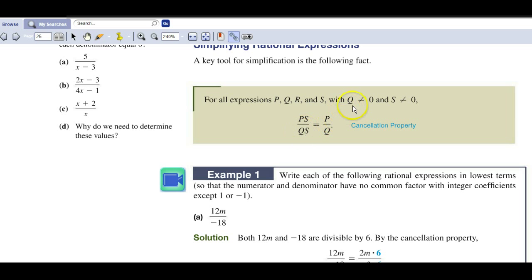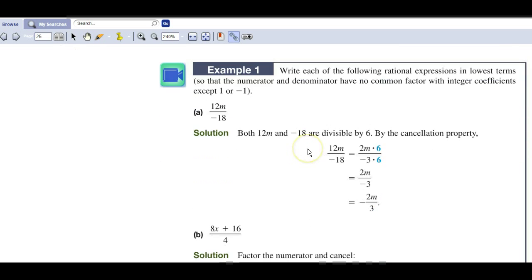And they're also qualifying that any factor in the denominator cannot be equal to 0. Okay? Because that makes it undefined. So here the s's are common factors. S over s is 1. Anything divided by itself, except 0, is a 1. So we've simplified this. That's basically what they want us to do here.